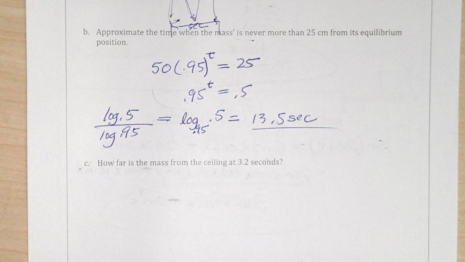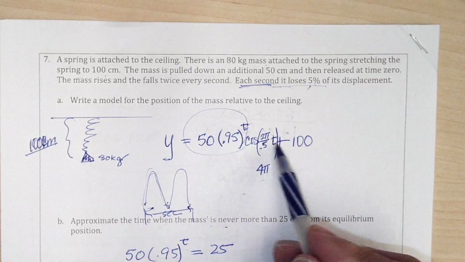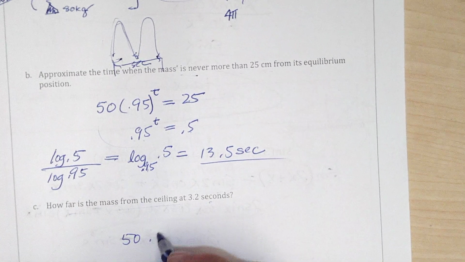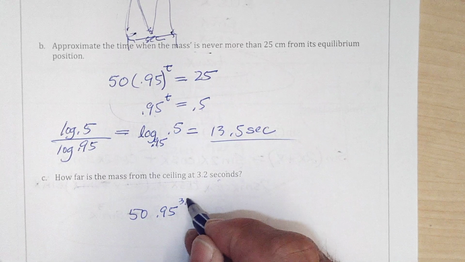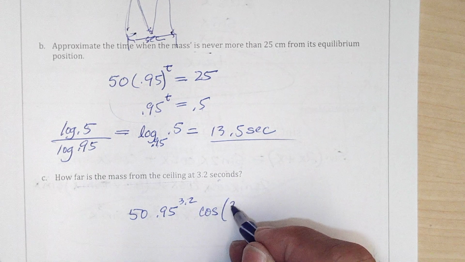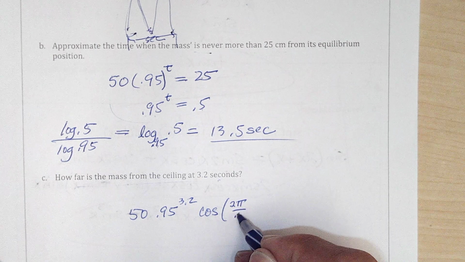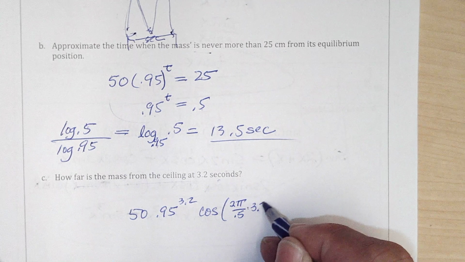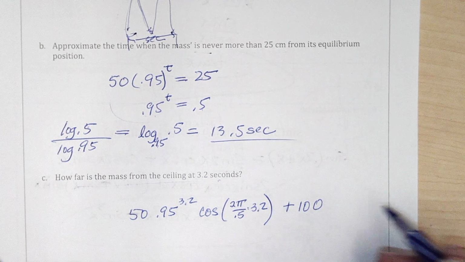Okay, how far is the mass from the ceiling after 3.2 seconds? So we just have to put 3.2 in for the t. 50 times 0.95 to the 3.2, cosine of 2 pi over 0.5, or 4 pi, times 3.2, plus 100.